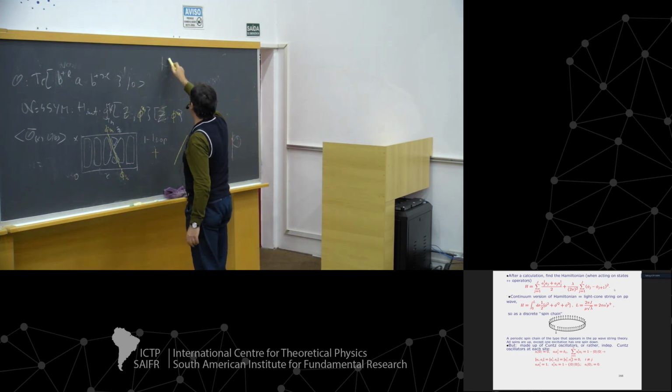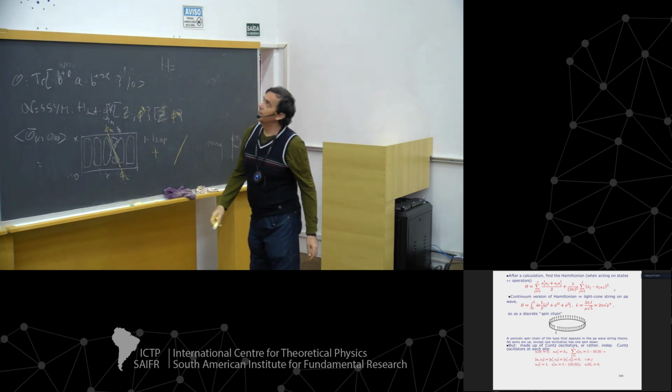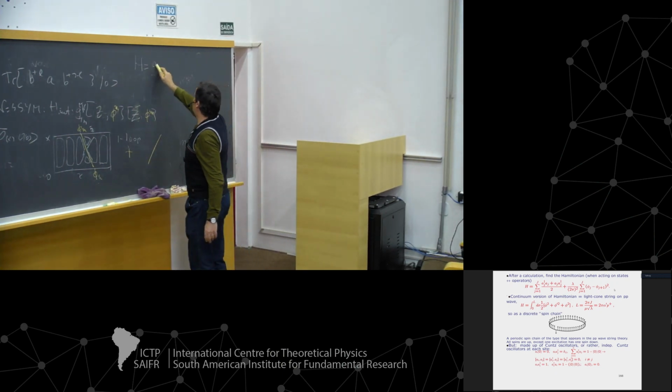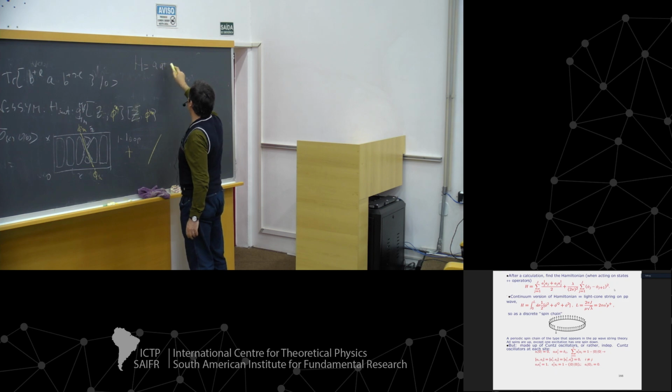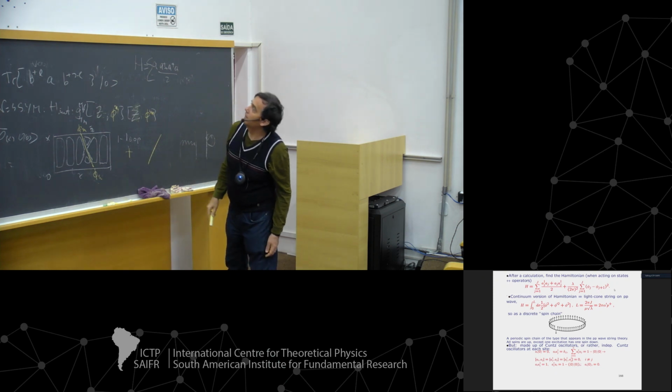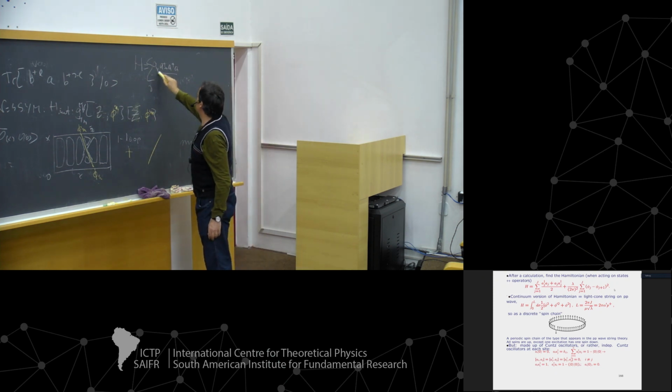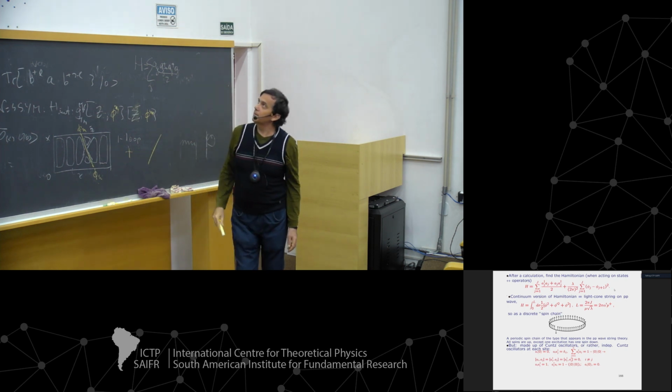So the Hamiltonian has a free part, let's call it J. There's a free part like this.